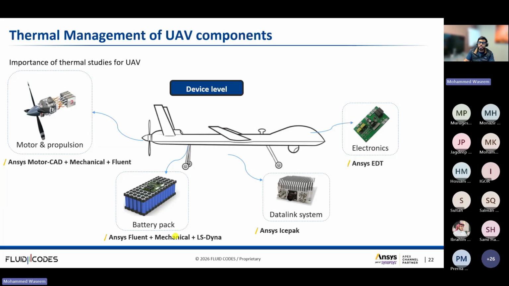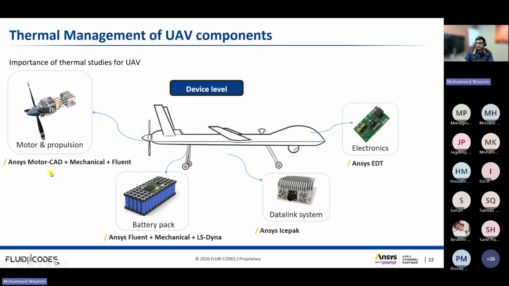If we do not manage it, we can get a performance drop, reduced battery life, sensor issues, or even computer errors. So the key point is thermal reliability is not only one tool, it's the whole workflow. So we combine the right ANSYS products depending upon the requirement.